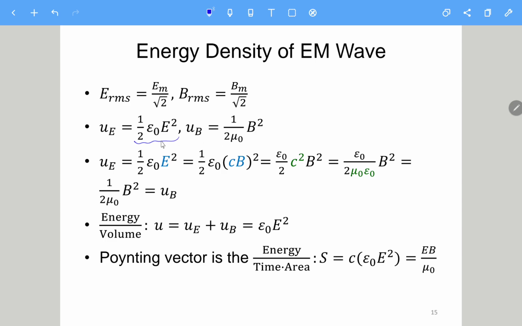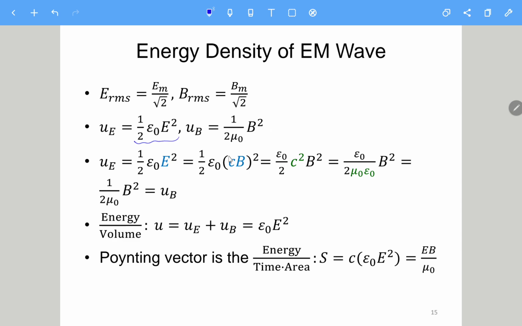As I mentioned several times, they are derivative. For the E field version, you just need to change E to B, and epsilon naught to 1 over mu naught, and you will get the derivative equation. If they are independent things, then UE should be like this, UB should be like that.